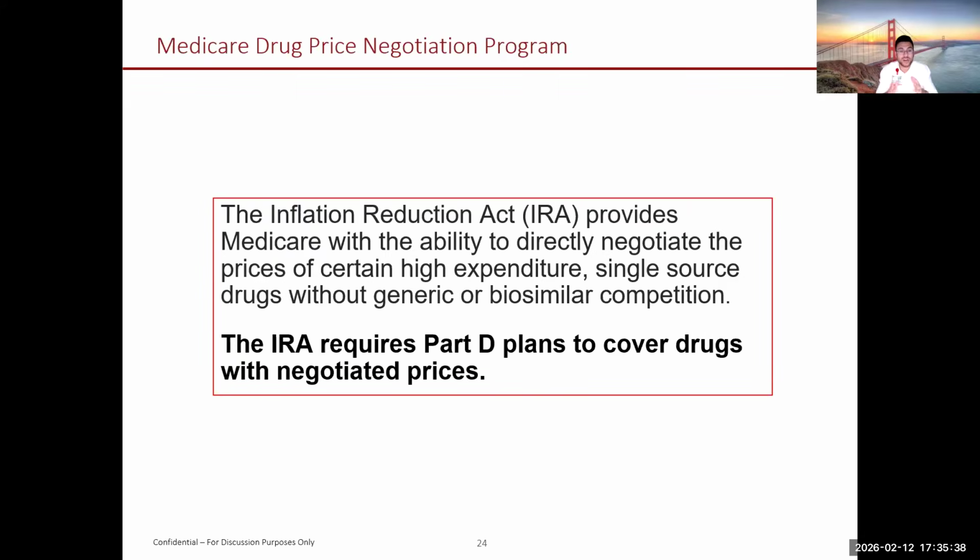Very importantly, it also said that any drugs participating in these programs have to be covered by Part D plans. So if the drug has this negotiated discounted price, whoever is sponsoring the Part D plan, it has to be on their coverage list.